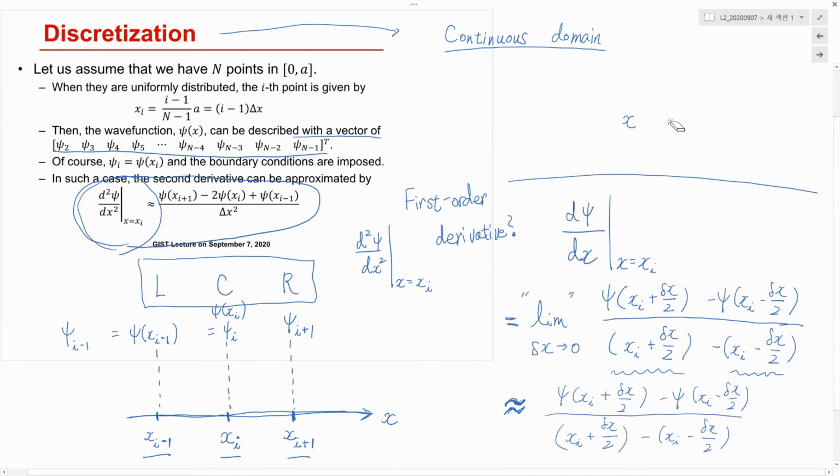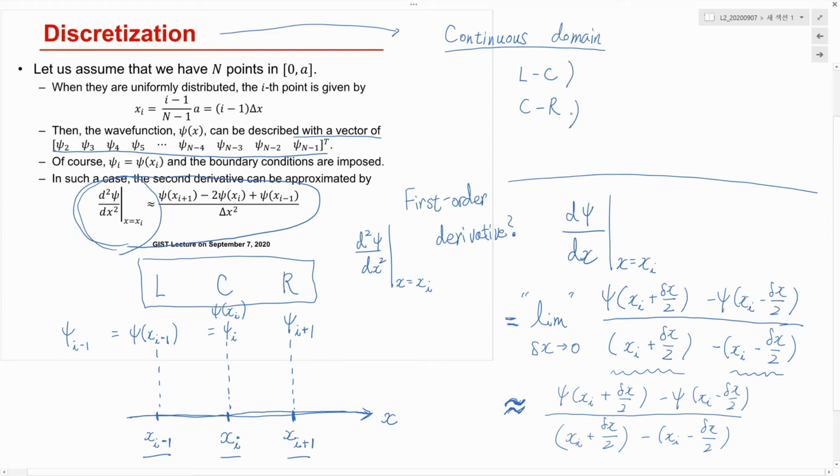We can easily find the pair of L and C, or C and R can be another pair of neighboring points.